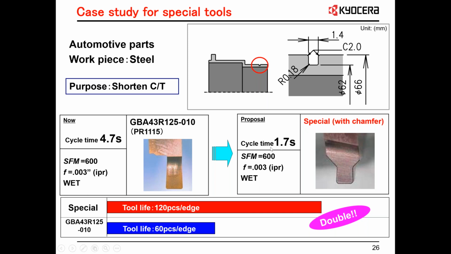Of course, we can shorten the cycle time significantly, but we can also increase the tool life because the insert is always engaged in the cut fully as it plunges. So you can definitely increase tool life as well, because you're not having to do a roughing and a finishing move with the same tool.